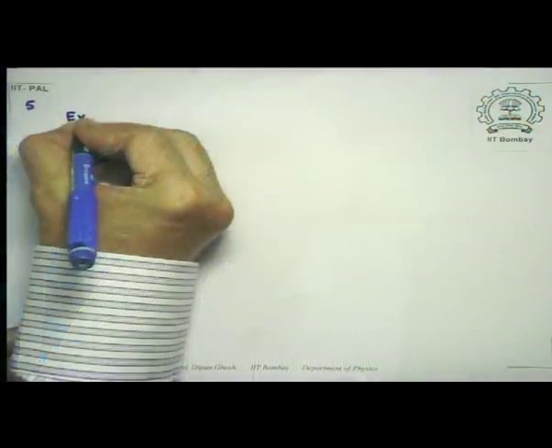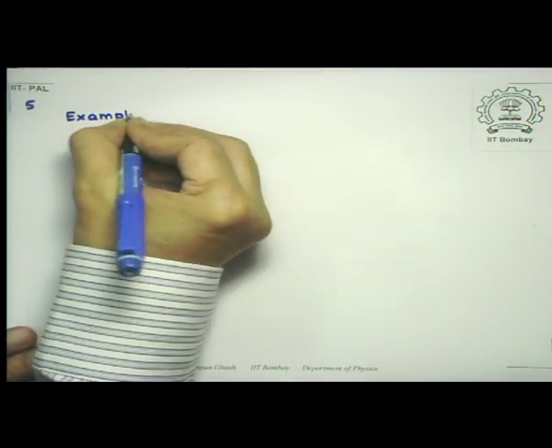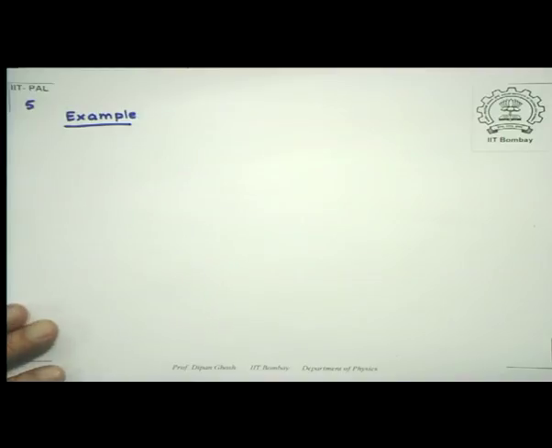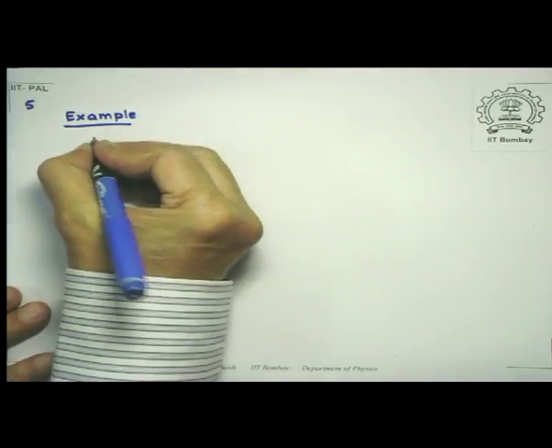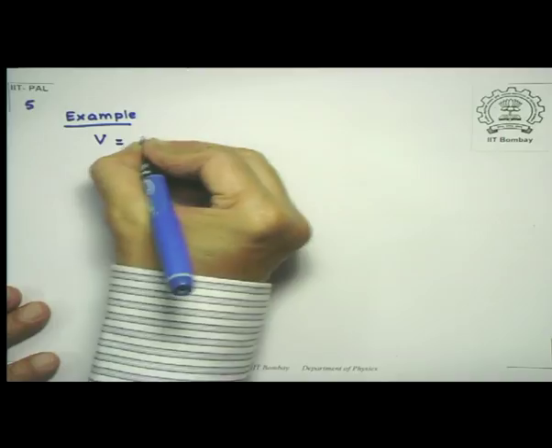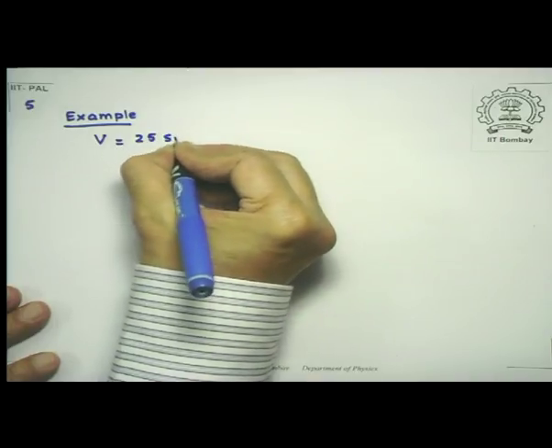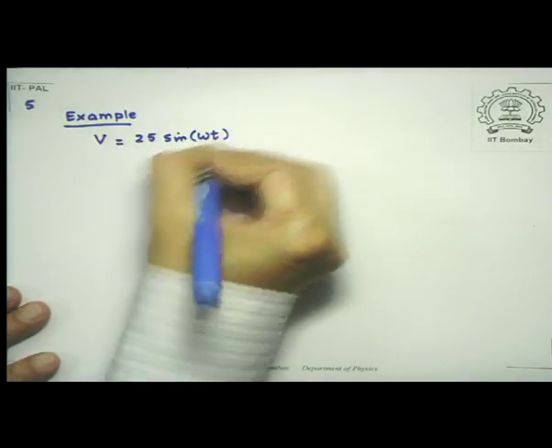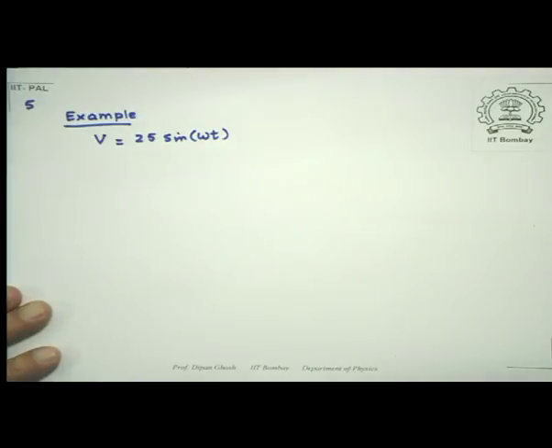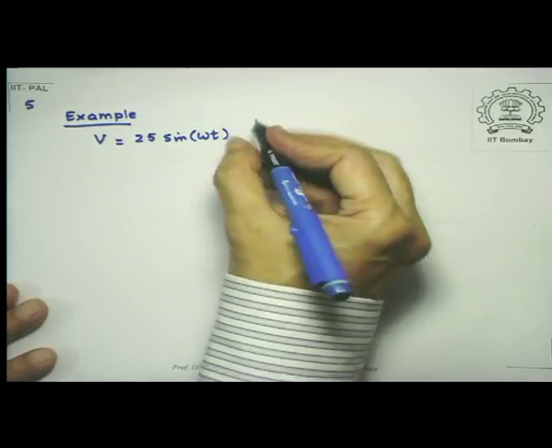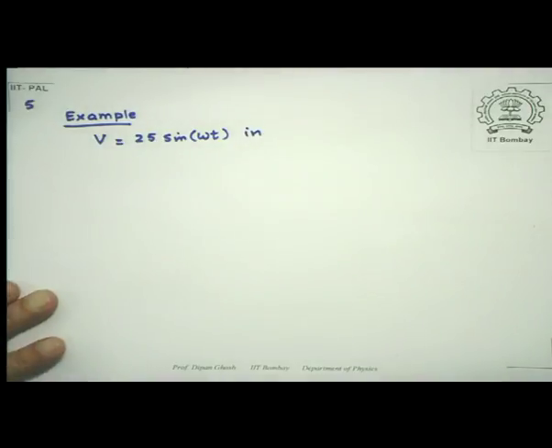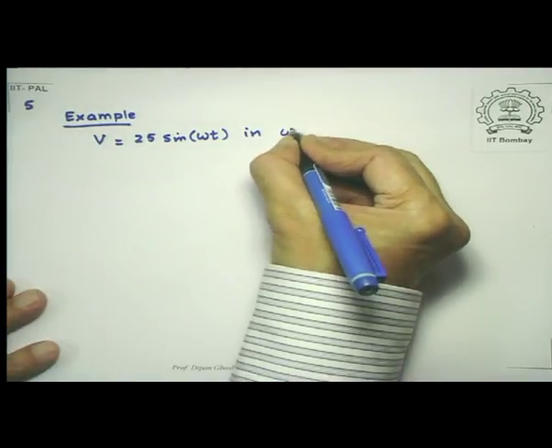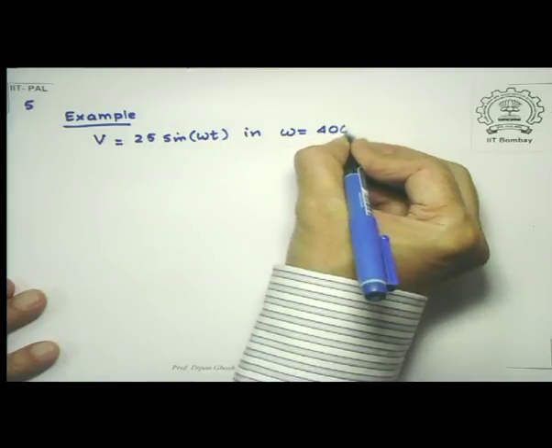Let me continue with an example, this time with an inductive circuit. I have a voltage source V equal to 25 sine omega t, meaning thereby that the maximum voltage is 25 volts in a circuit which corresponds to omega equal to 400 radians per second.